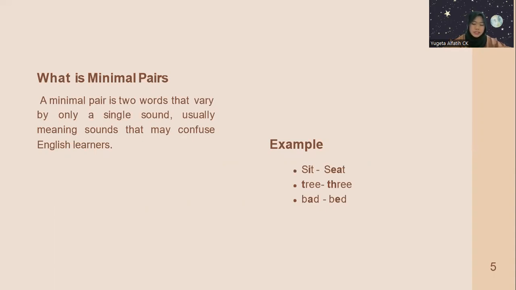This is basic stuff in English, like p and b. They differ in one sound, so p and b are distinct phonemes, and they are minimal pairs.